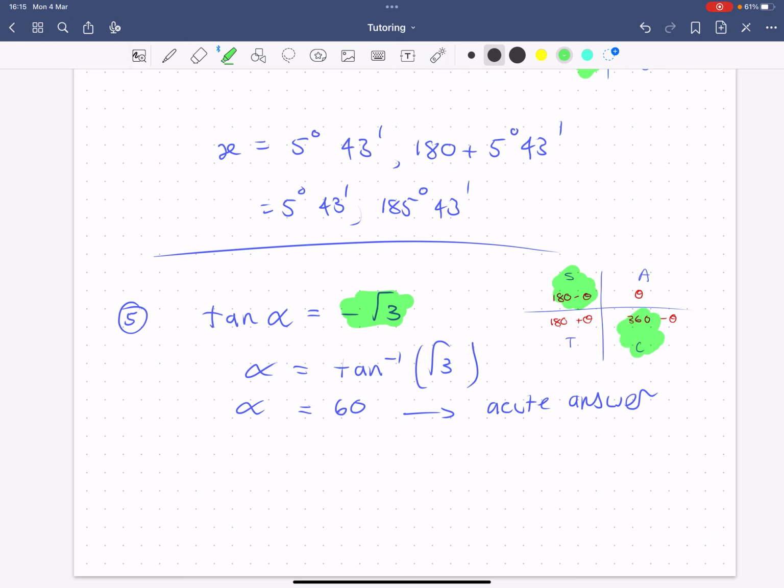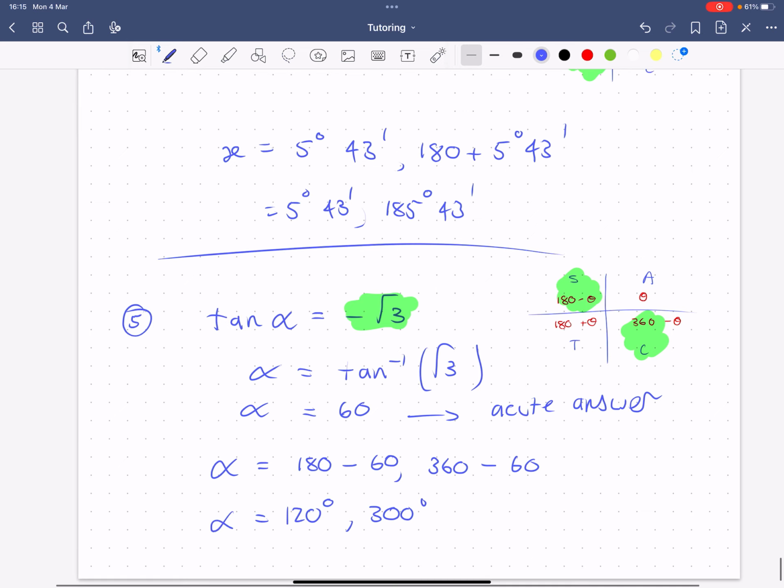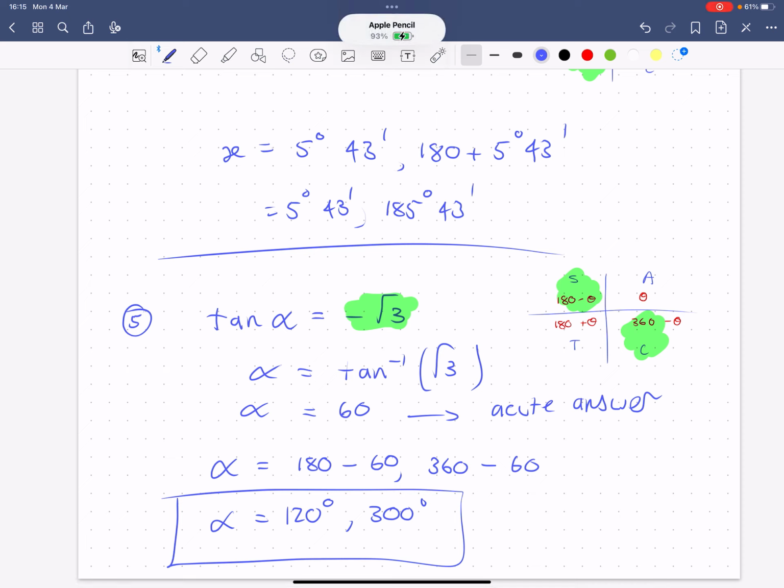Tan is not negative anywhere else. So those two quadrants are our 180 minus theta quadrant and our 360 minus theta quadrant. So our answers are 120 degrees and 300 degrees. So same idea as before, except instead of considering where it's positive, we have to consider where it's negative.